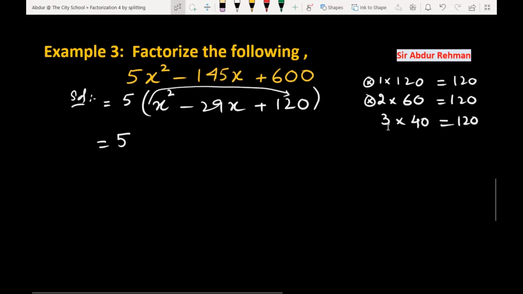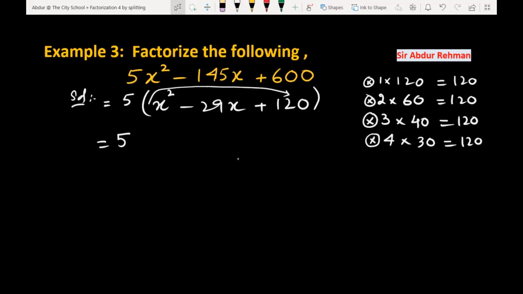But 40 plus 3 is 43, and 40 minus 3 is 37. But we need 29, so it is also rejected. 4 times 30 is 120 here. So 30 plus 4 is 34, and 30 minus 4 is 26.